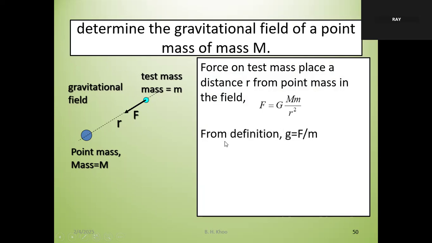And from the definition of g, we define it as this force divided by this mass. Put this equation in here to replace F over m, the m cancels off. So you need to memorize this equation in order to derive.